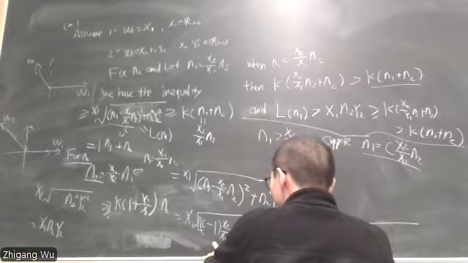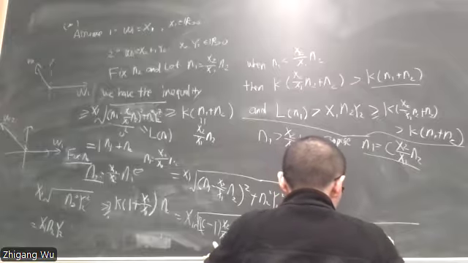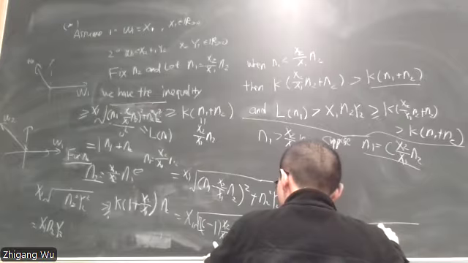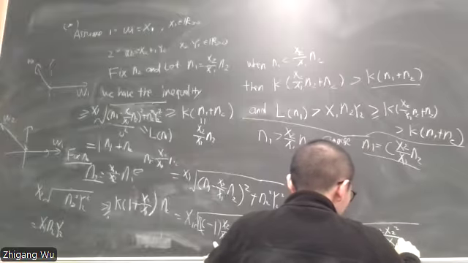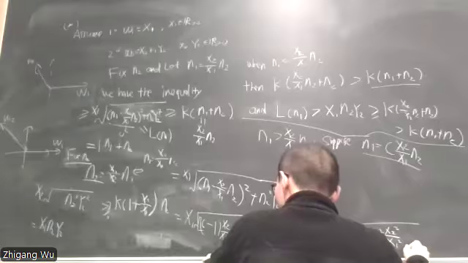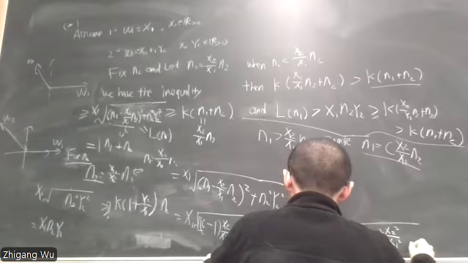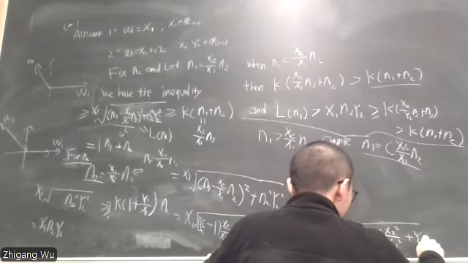So for the left hand side, what you get is c minus 1 square times this x2 square over x1 square, and then plus y2 squared, right?